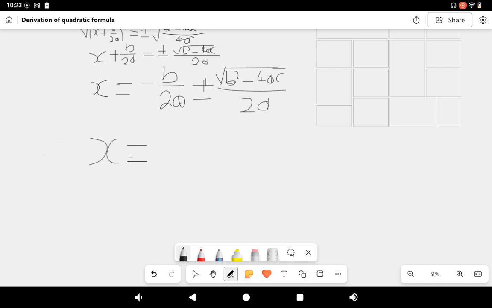Now everything else on our right hand side has the same denominator, so now I'm just gonna simply write everything over just one denominator, which is our 2a, right?